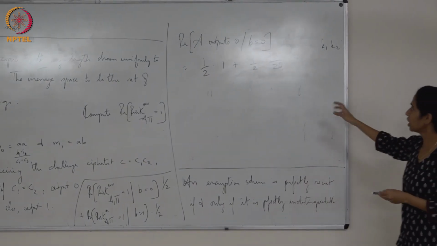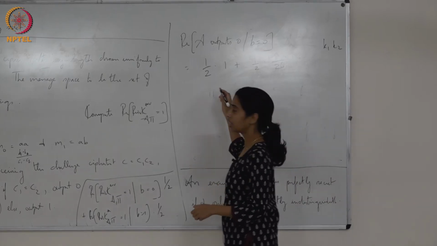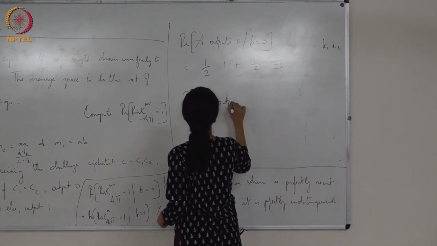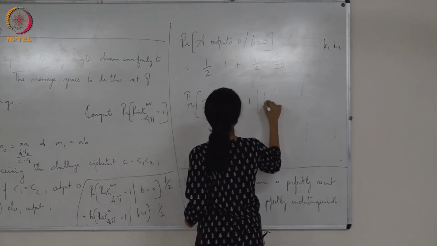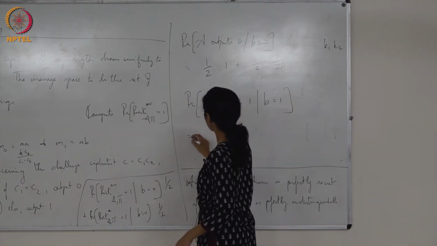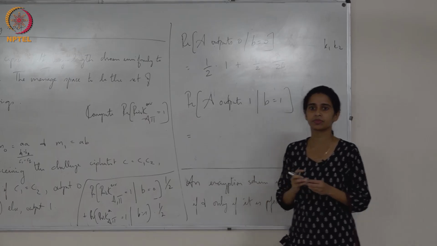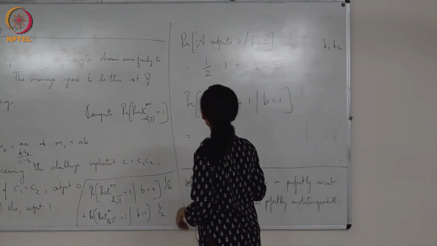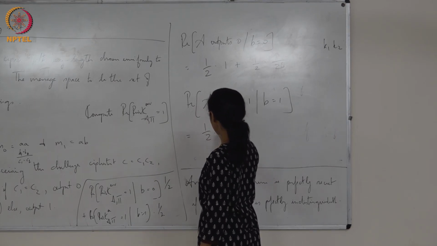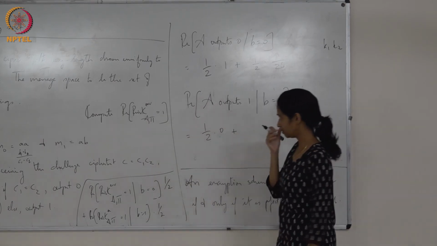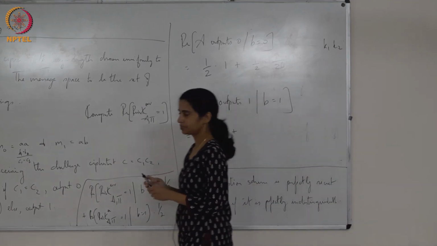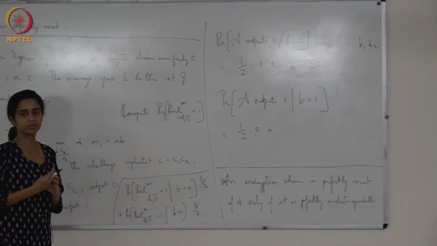So any thoughts on how you would proceed for the probability A outputs 1, conditioned on B is 1? So why is it 0 here? Because whatever character we select, it will be the same.